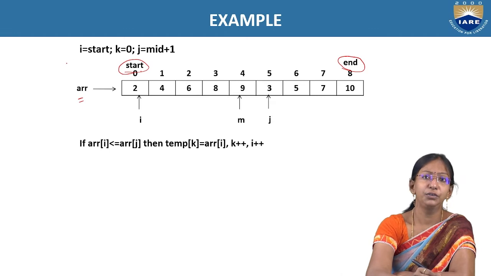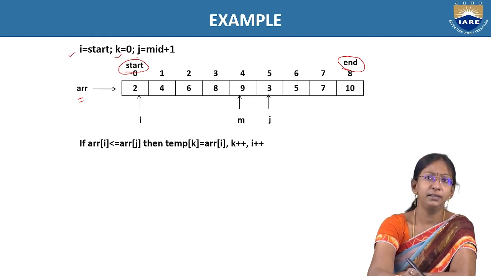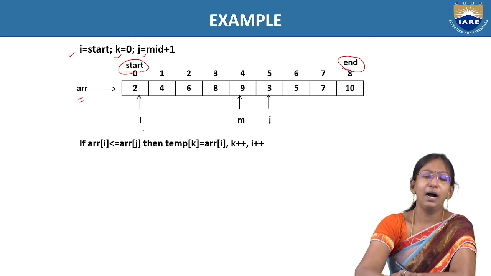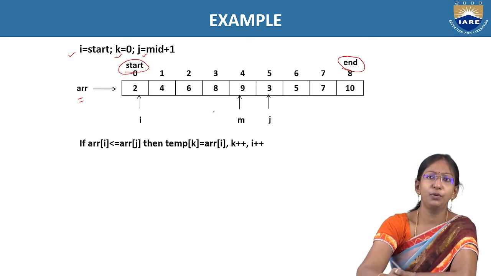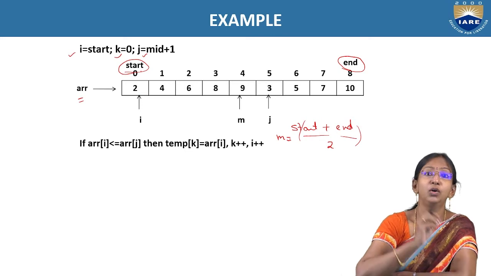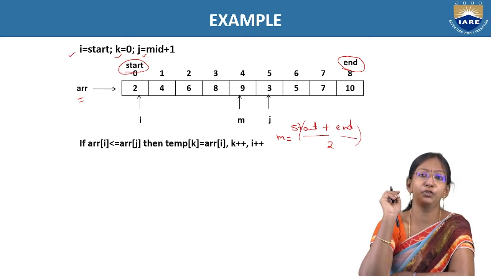I've taken 3 pointers or 3 variables which are going to hold the index values I, K, and J. First of all, I'm going to calculate start plus end by 2, which is assigned to M, to get the mid position.